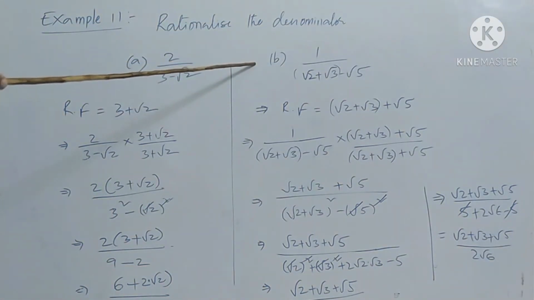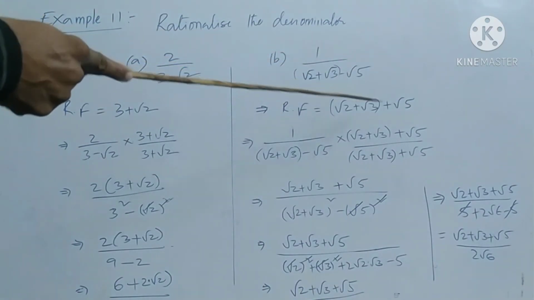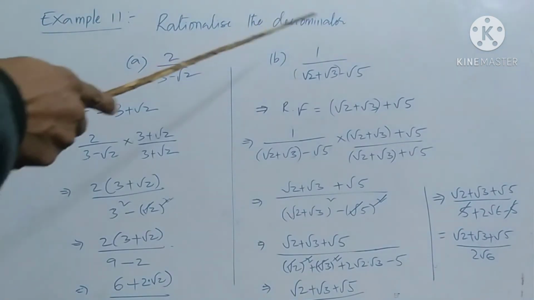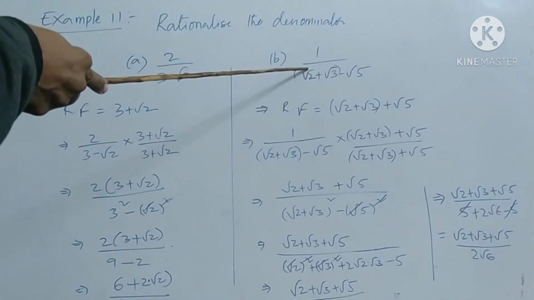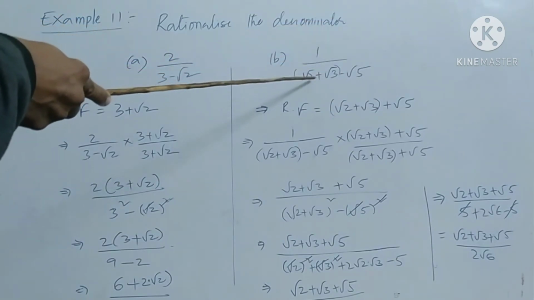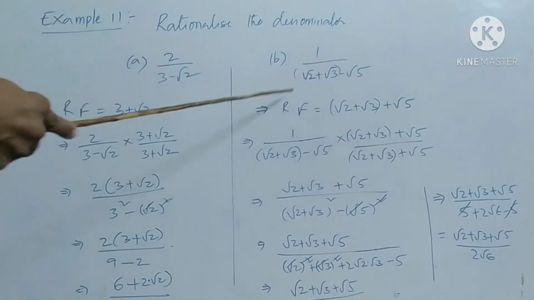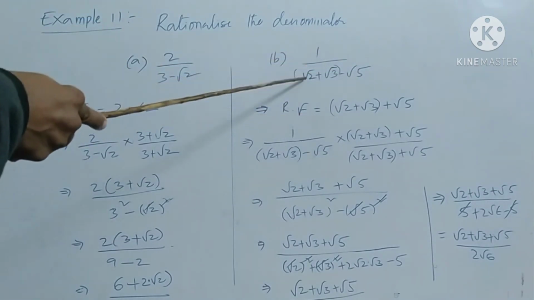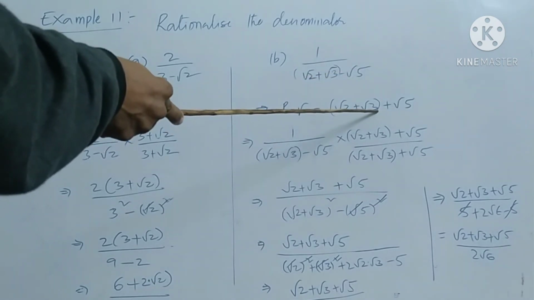In the second case, 1 by root 2 plus root 3 minus root 5. Take root 2 plus root 3 as a single term. So 1 by root 2 plus root 3 minus root 5. Here the rationalizing factor is root 2 plus root 3 plus root 5.